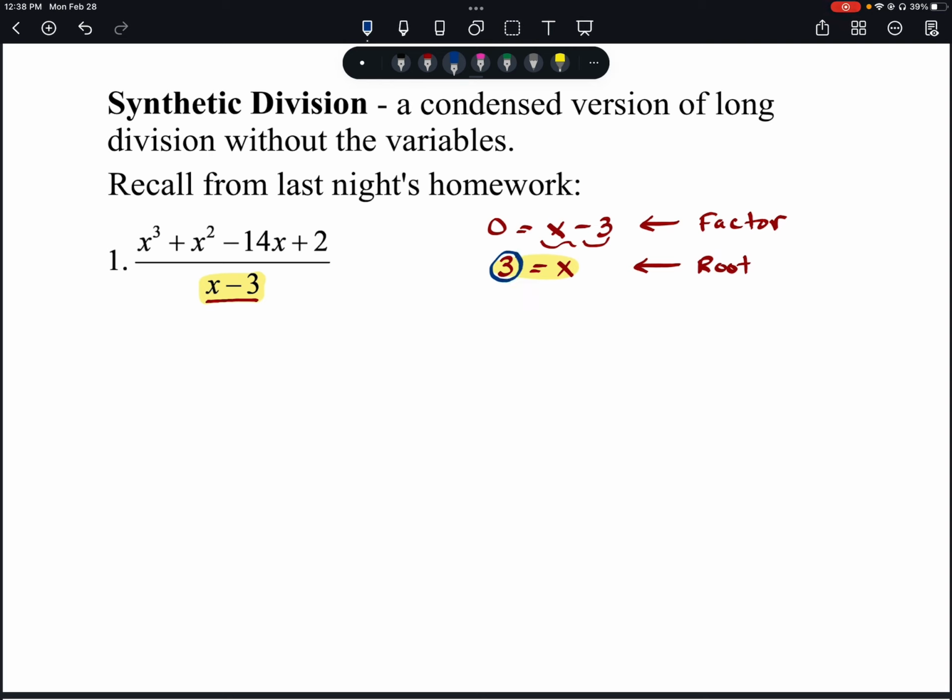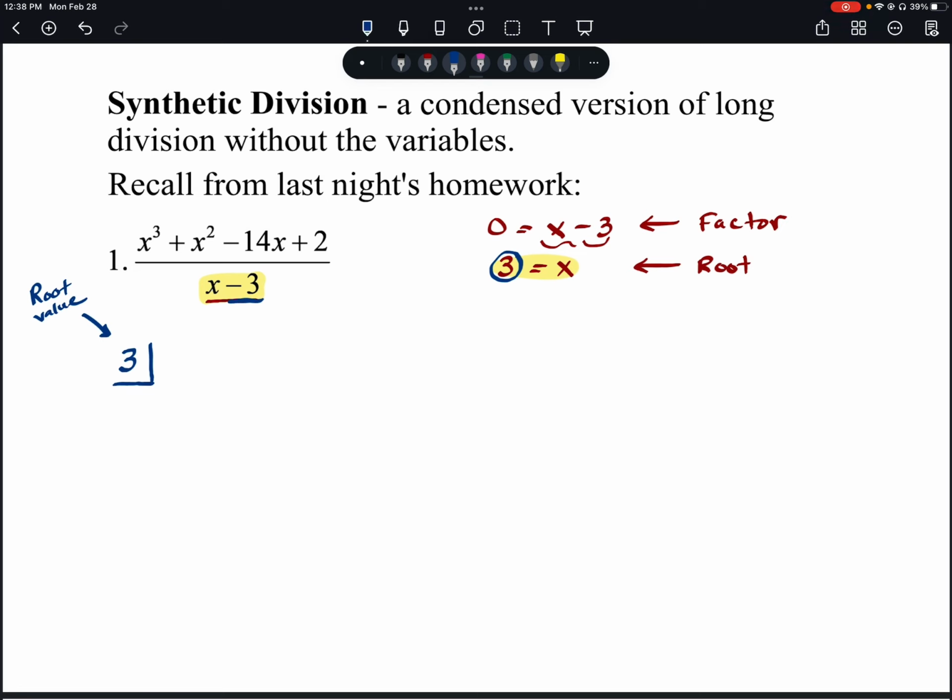If you forgot how to do it, here's a quick recap. I've got 3, and I'm going to put it up here in this little box. Remember, this is the root value, not the factor that goes up there. So it's always going to be the opposite of what you see right here.